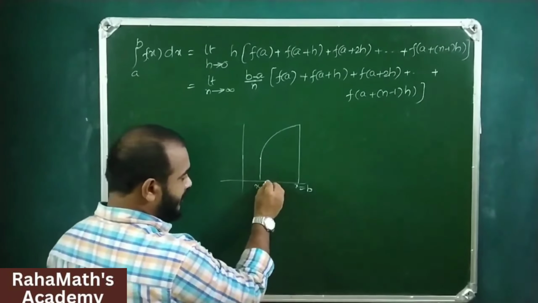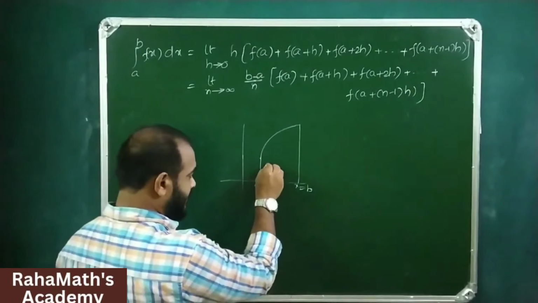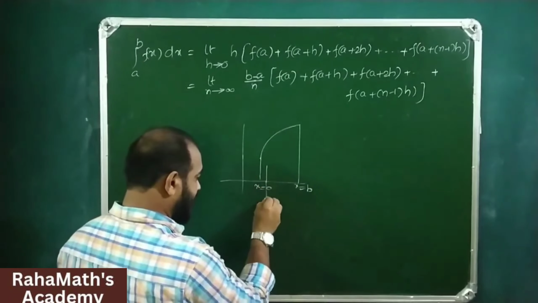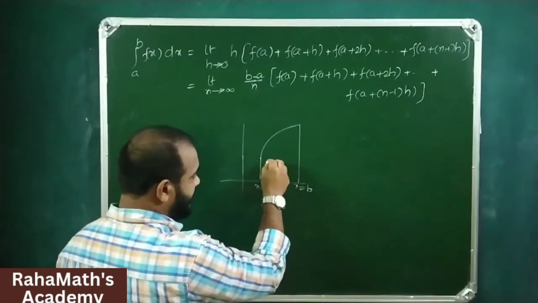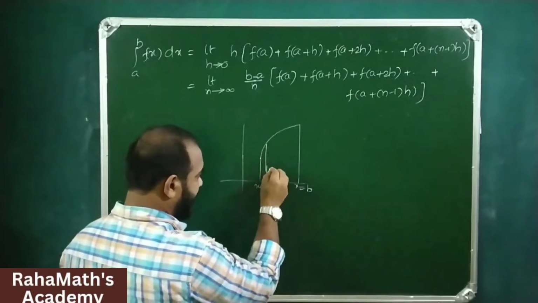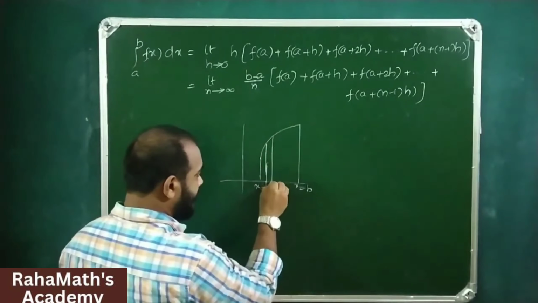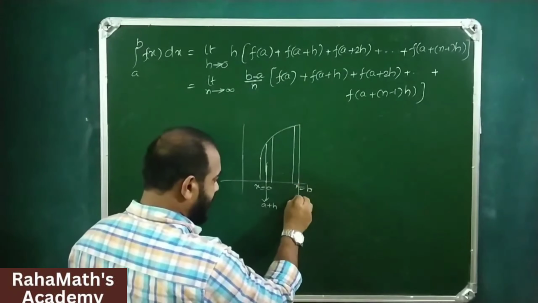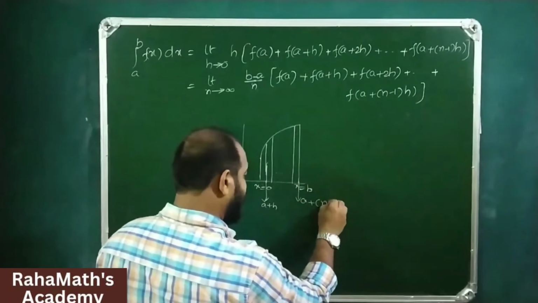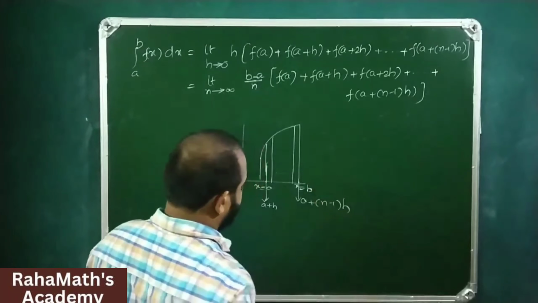Therefore, this is a plus h, a plus 2h, a plus 3h, etc. So, a number of rectangles like this. The last rectangle is a plus n minus 1 into h.